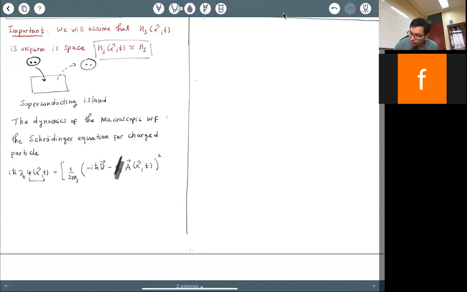Here we have this charge q_s, again, to a good approximation we assume this is twice the electron charge, and A is some vector potential.